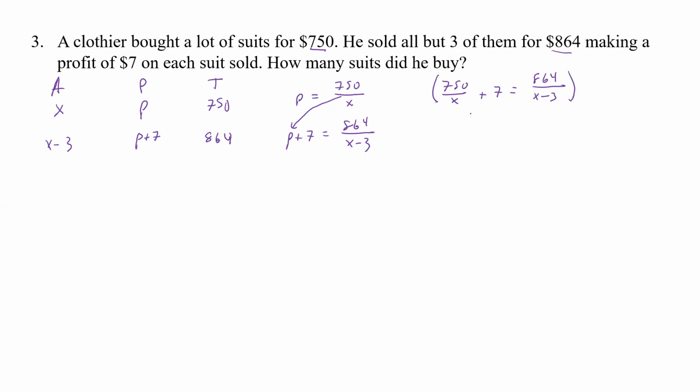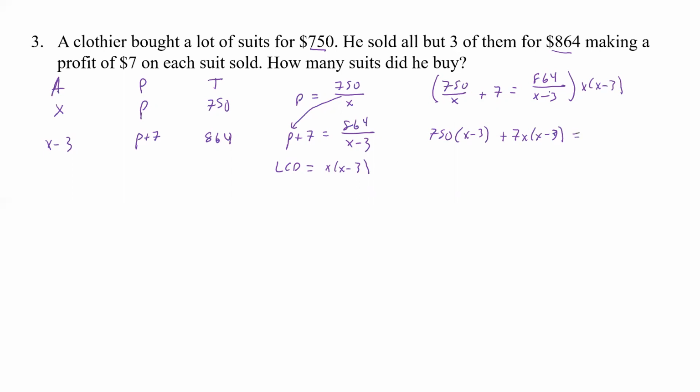Now we're going to multiply by the LCD, and what is our LCD? Well, that's going to be X times X minus 3. Now we take that times each term. Now the first one, the X's cancel, so we have 750 times X minus 3. Now the next one, it's all there, so we have 7X times X minus 3.